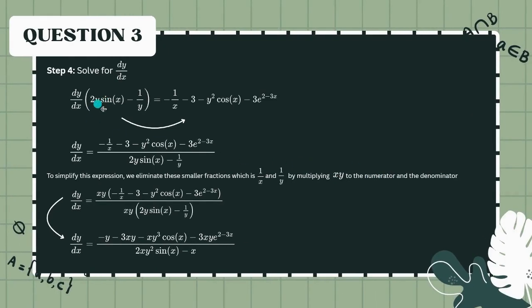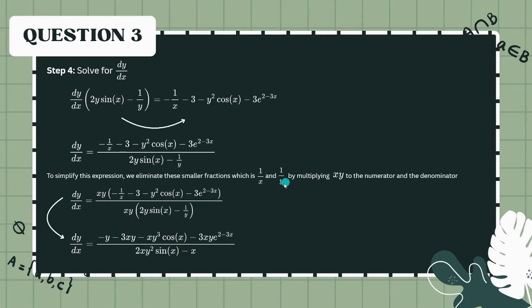Next, step 4, I will solve for dy dx. By transferring the term that I've factored out with the dy dx to the right, we will get this new term that has a numerator and denominator.